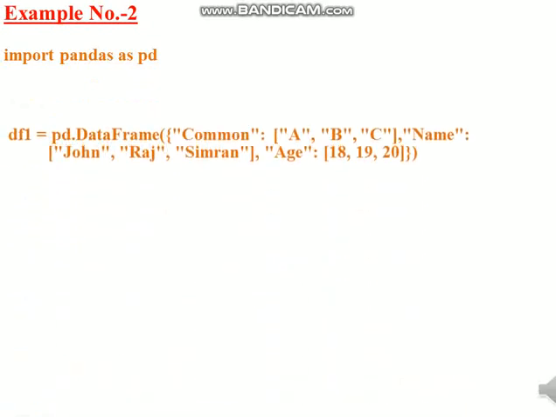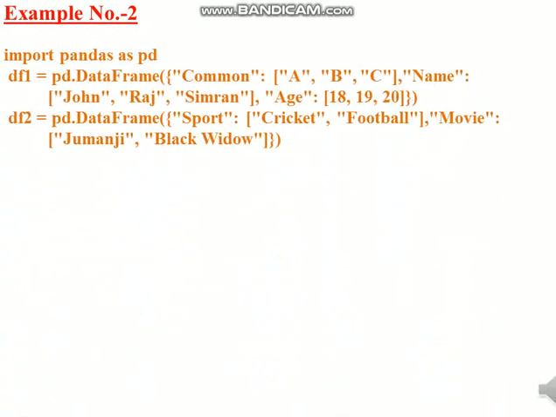Second example based on joining. Import pandas as pd as the first statement, df1 and df2 as the data frames respectively, with name and age as the keys in the first data frame, and sports and movie as the keys in the second data frame.